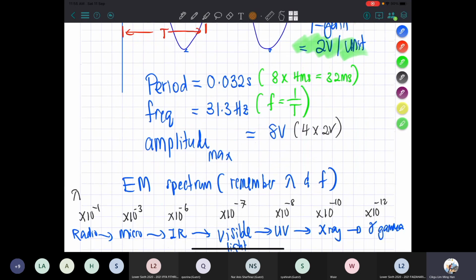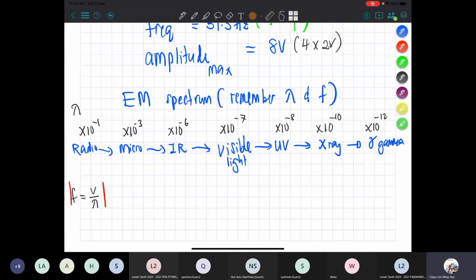You try to practice. And then we also have this electromagnetic spectrum. This one is a little bit of a headache. You must remember the order, and then you must also remember the wavelength. So my advice is remember the wavelength for visible light.